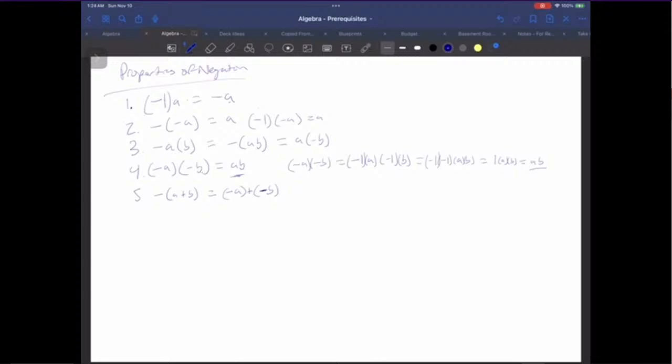Okay, now we're at the final part. Okay, so then we have properties of 0.